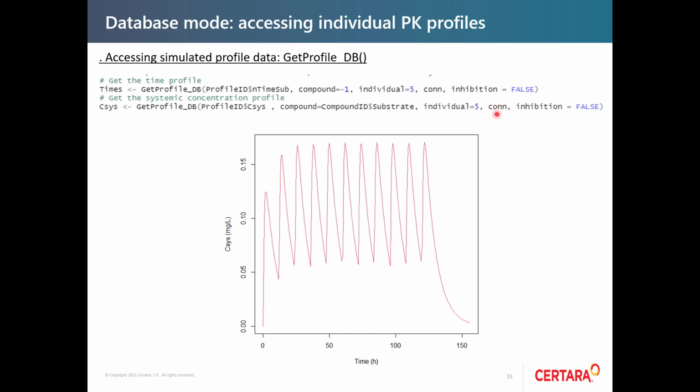I've mentioned the RSQLite connection, and I am saying that I am just interested in the profile without interaction with the inhibitor. Once I've extracted the time profile as well as the systemic concentration profile, I can then go ahead and make simple plots in R where I plot time against the systemic concentration profile.